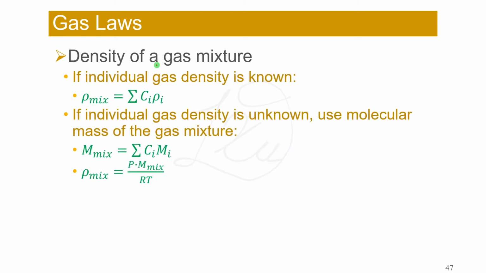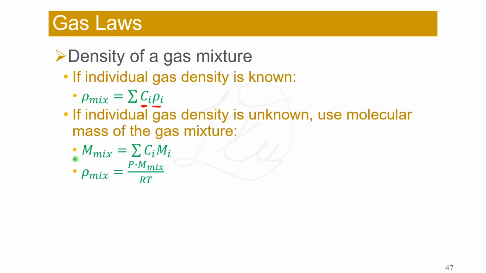To calculate the density of a gas mixture, if individual gas density is known, then the gas mixture density equals the sum of the concentration times the individual gas density. If individual gas density is unknown, then we can use the molecular mass of the gas mixture.